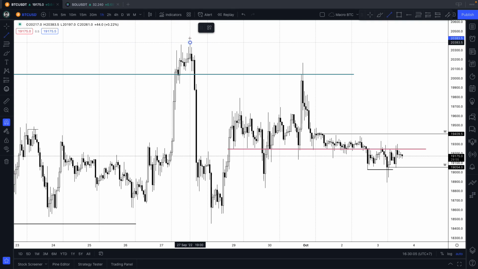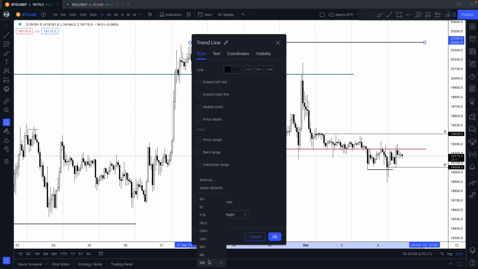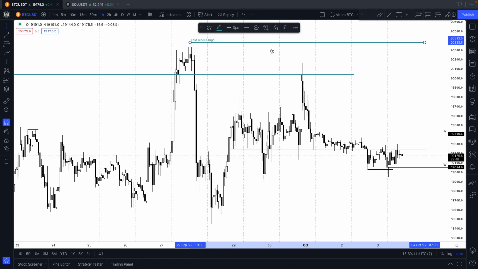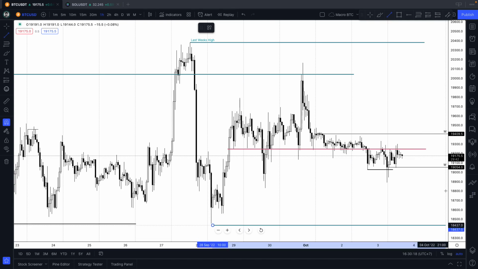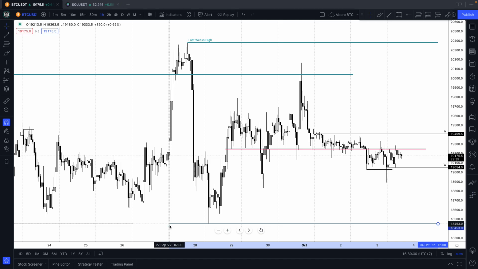So we have previous weekly high, last week's high here, and last week's low in here. So that was the weekly range.